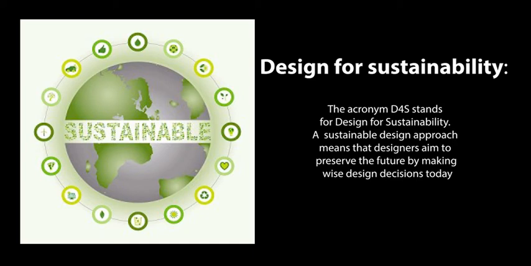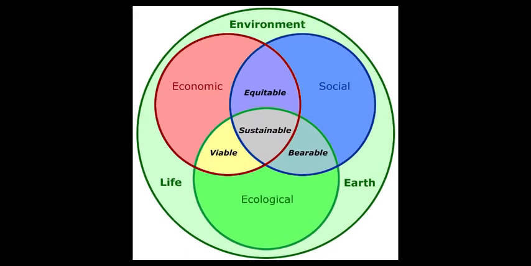A sustainable design approach means that designers aim to preserve the future by making wise design decisions today, such as a cradle-to-cradle approach, triple bottom line, fair trade, use of design for disassembly, and use of environmentally friendly materials, energy sources, or renewable energy sources.